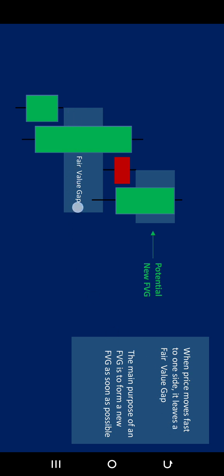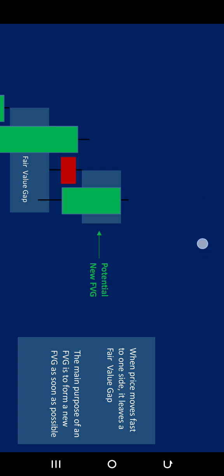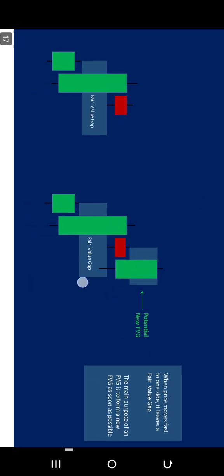The main purpose of a fair value gap is to form a new fair value gap as soon as possible. After this fair value gap has been formed, it is expected that price will form a new fair value gap as soon as possible. Then price will continue upward to hit your targets. So that is that. That is how to trade a rejection candle.